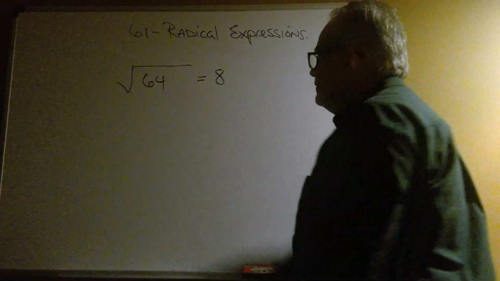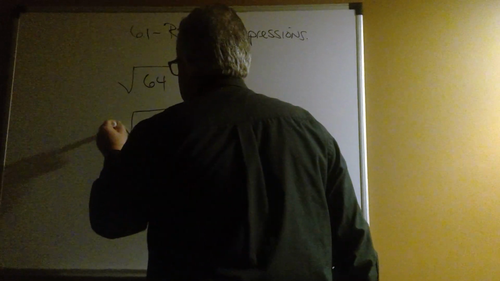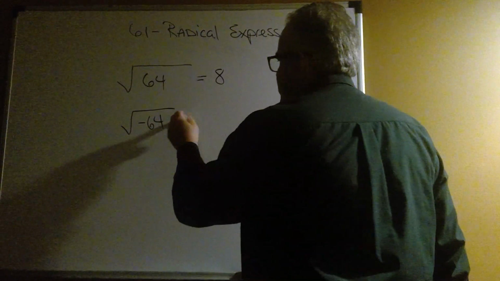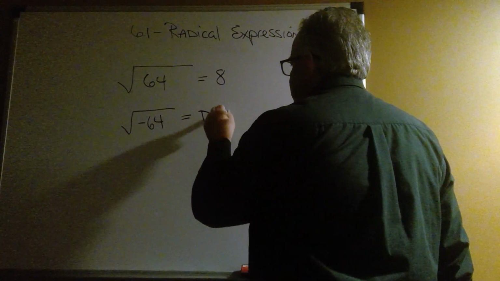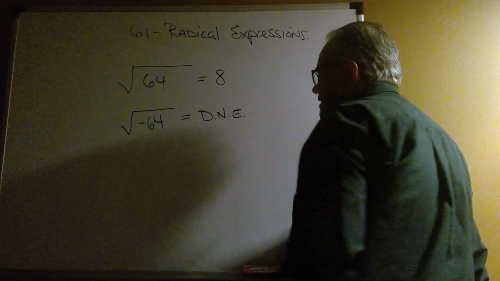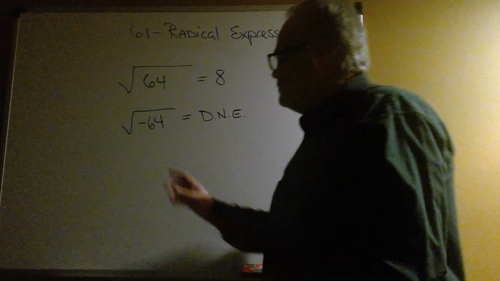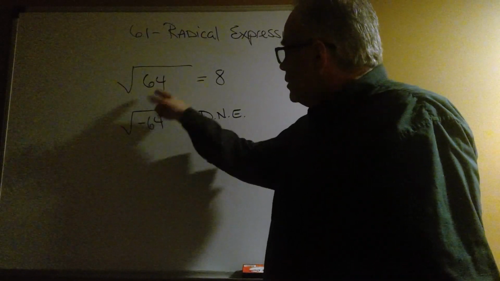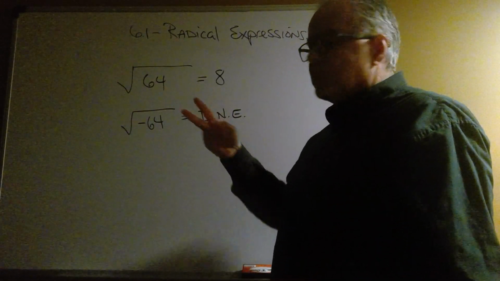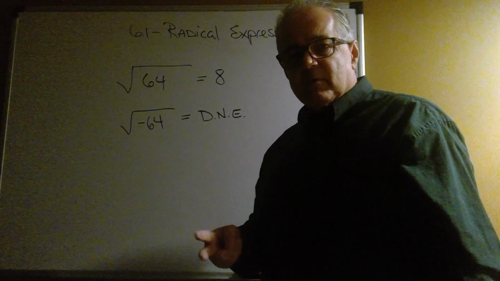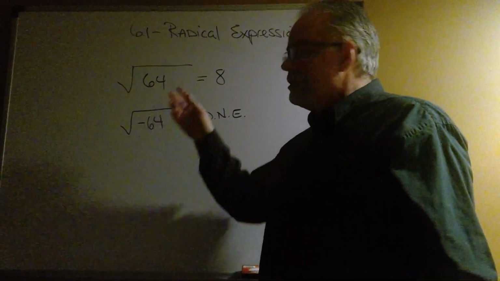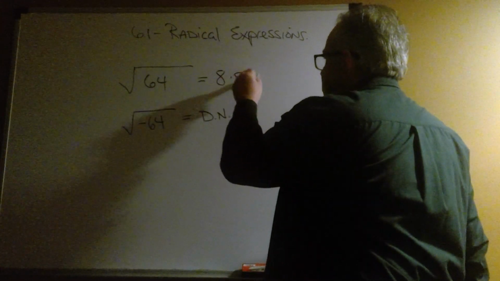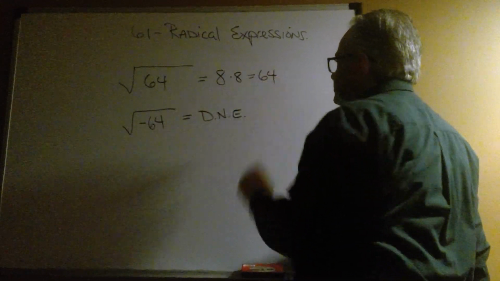If I have a radical with negative 64, then this is DNE, which means does not exist. Because if you look at the first one, the positive square root of 64, it's asking what two of the same numbers, when multiplied together, equal 64. And of course that is 8 times 8, which equals 64.